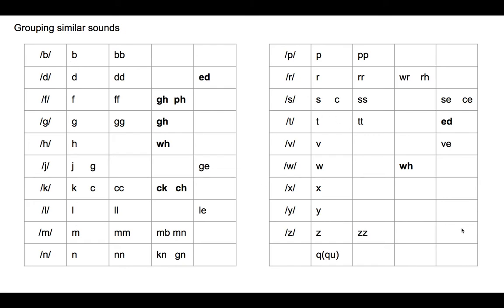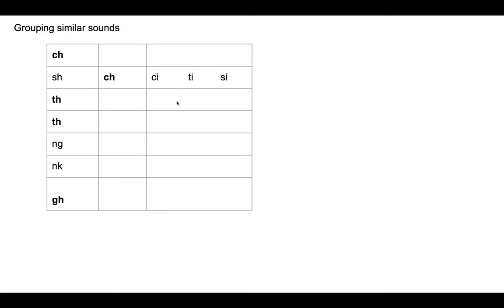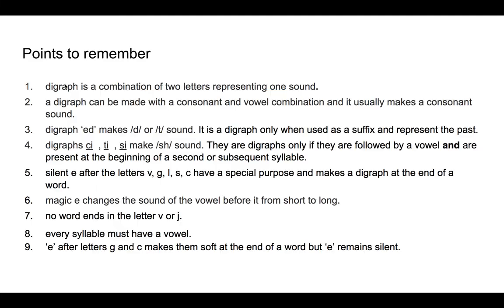The same applies here, and the digraphs that are highlighted have more than one sound. Here are the heterogeneous consonant digraphs that make a new sound, and this column is added here which has a consonant and a vowel that could make this sound.